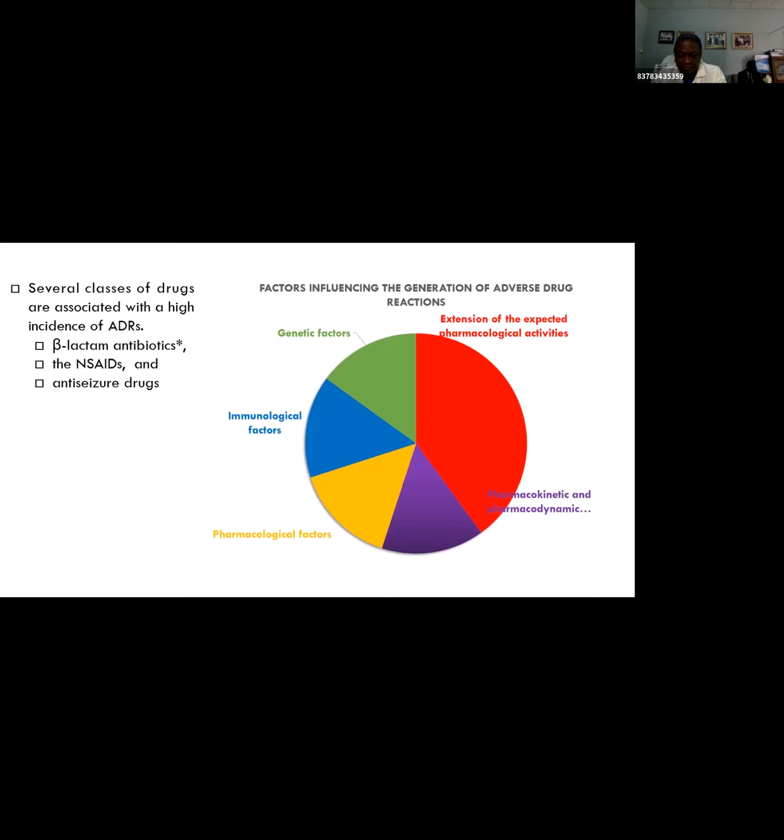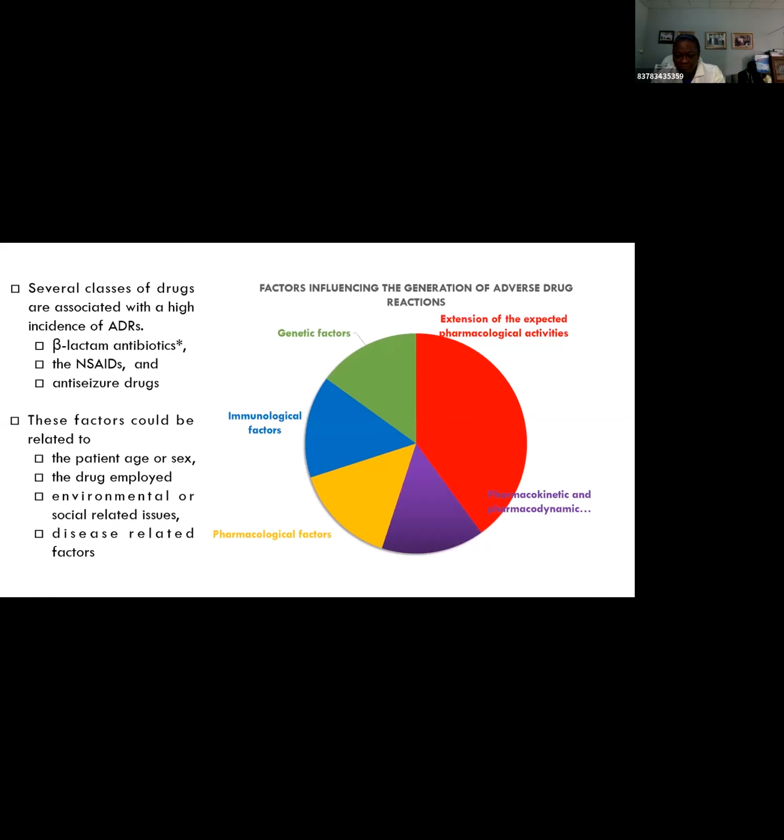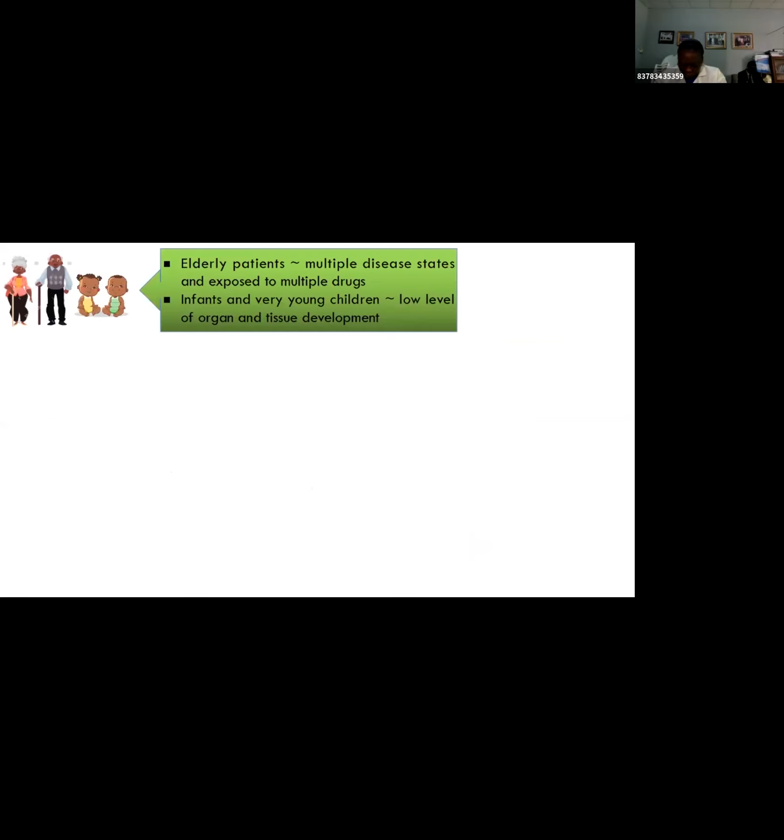Other factors play a role, including genetic factors, immunological factors, and certain drug factors, which we can classify as pharmacological factors. And then we have pharmacokinetic and pharmacodynamic inter-individual variations that play a role. And that's where we start seeing the genetic pool playing a role. They could also be due to age, environmental issues, and other sundry issues that may arise.